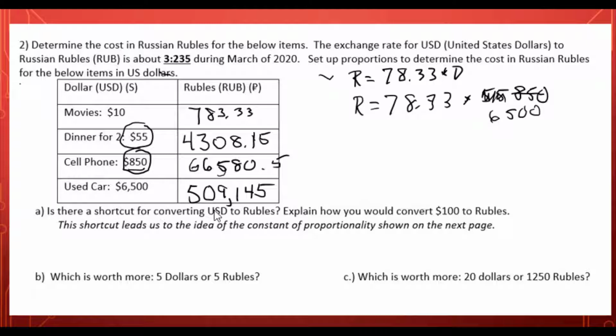So is there a shortcut for converting US dollars into rubles? Yes, and we developed it right here. That's the shortcut. It's an equation of the form y equals kx, and k is 78.33.